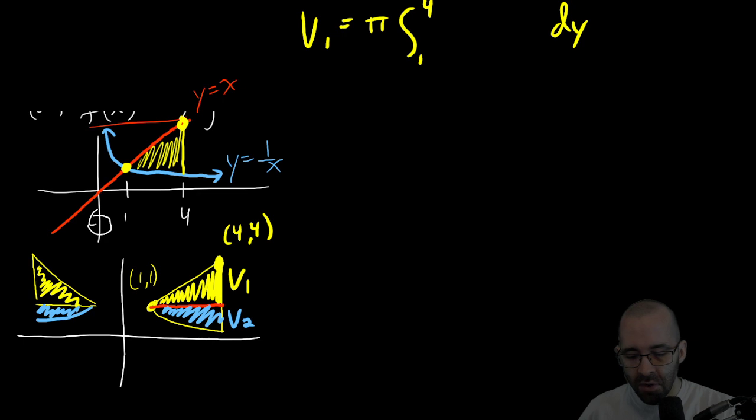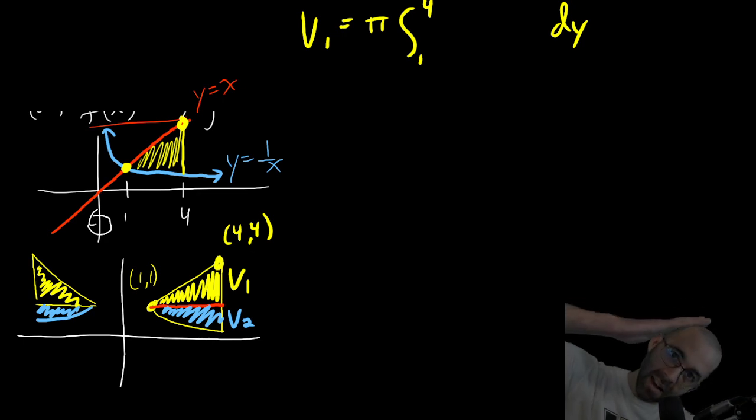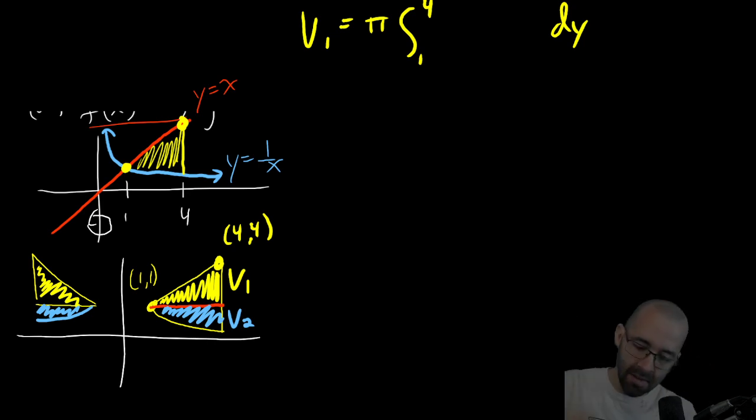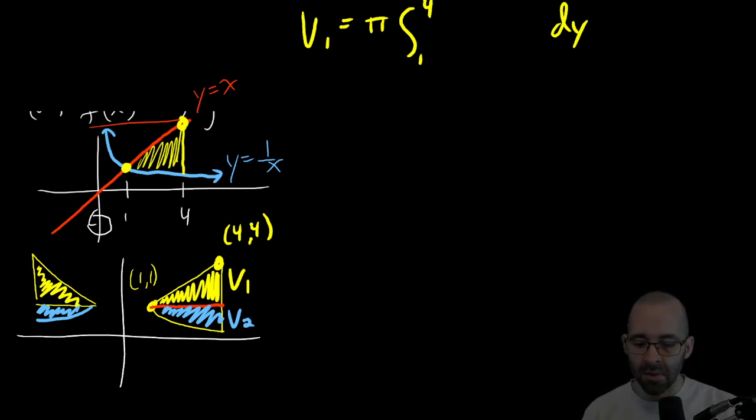Thinking sideways in terms of y, that's the line x equals 4. So it's just going to be 4 squared.